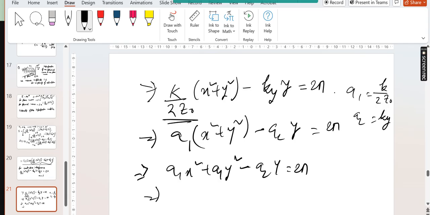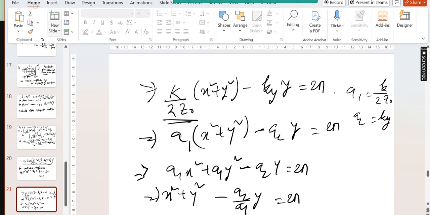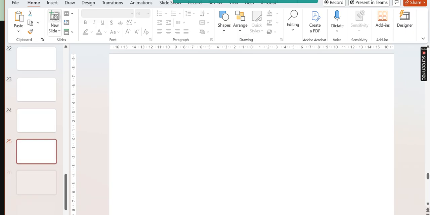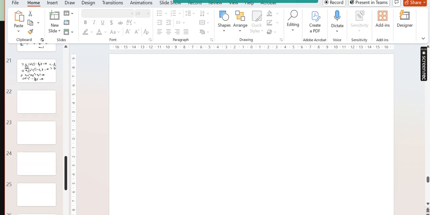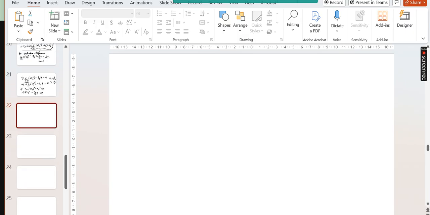So it became a1 x square plus a1 y square minus a2 y is equal to 2 pi. And this became x square plus y square minus a2 by a1 y is equal to 2 pi by a1. Basically now we need to rearrange the equation and have a meaningful equation of locus, which can be like circle, hyperbola, parabola, or straight line. So after doing all the calculation, I'm doing this for you here.